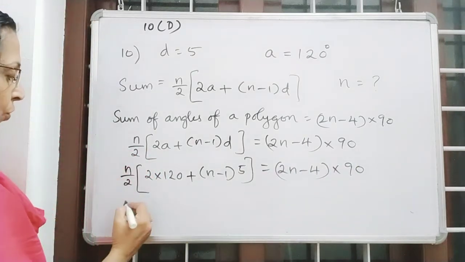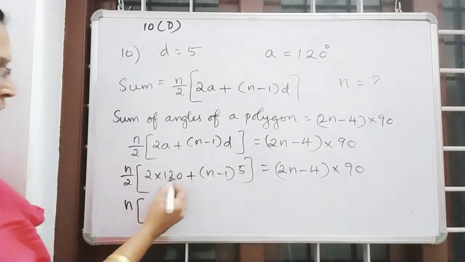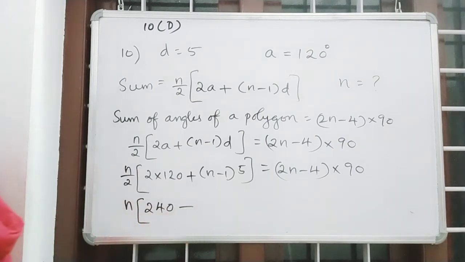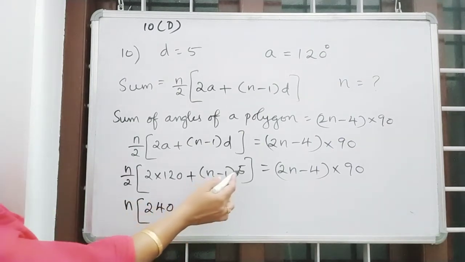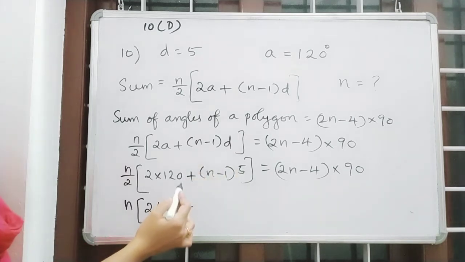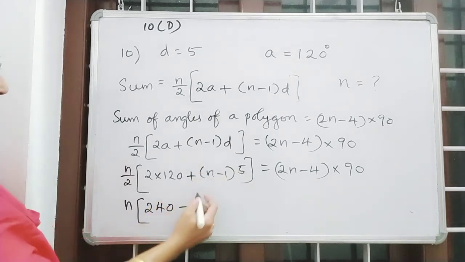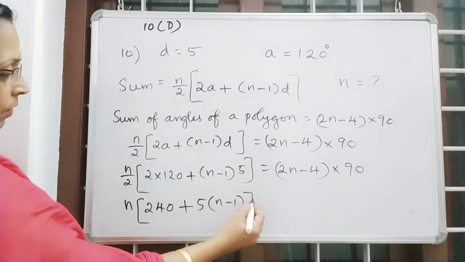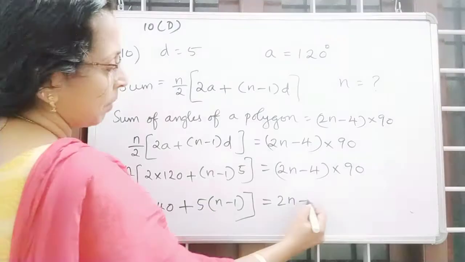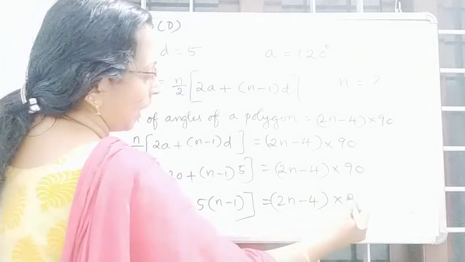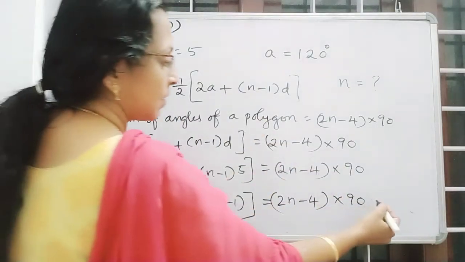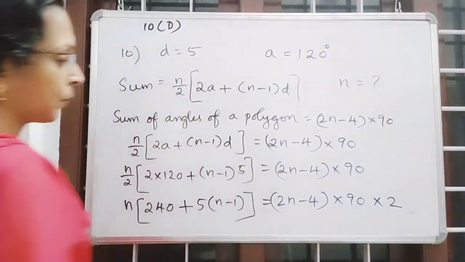So n, then 2 into 120 is 240, plus 5 into n minus 1 is equal to 2n minus 4 into 90. So this denominator 2, if you take to the right side, it will become into 2.